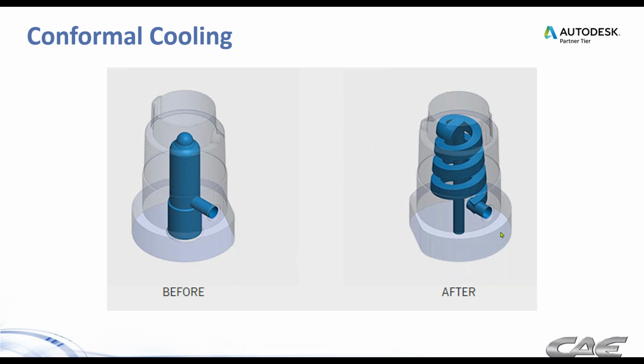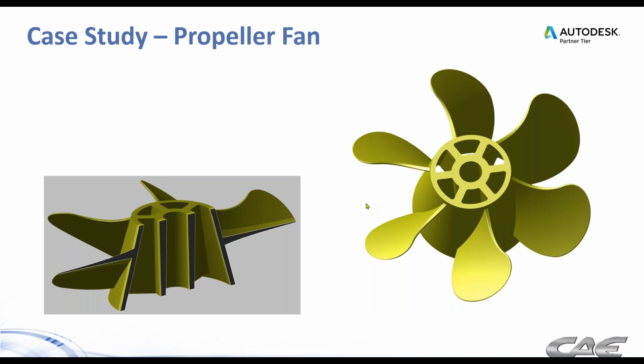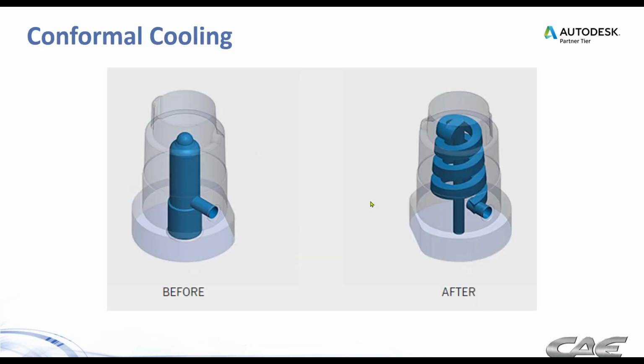Now we're going to talk a little bit about conformal cooling, and conformal cooling is kind of all the rage these days, right? Lots of different ways to do it. This is just one example. This uses a company called HTC.